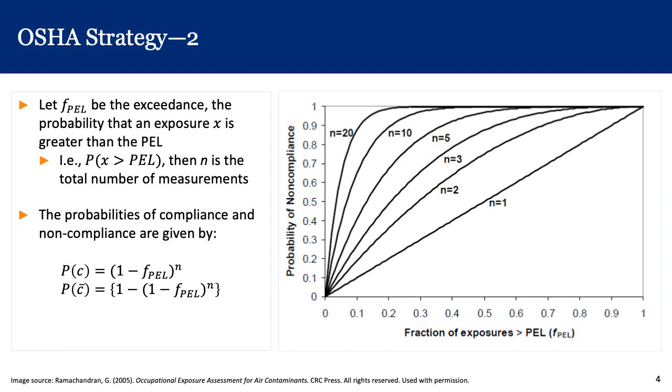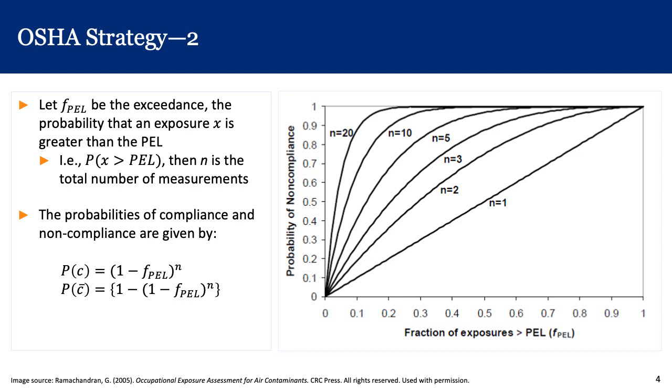So you can see that if you were an employer, if you were the owner of a business, and you just wanted to show that you were in OSHA compliance, then there is really no incentive for you to make multiple measurements. You are better off taking just one measurement and saying, okay, I have a 20% probability of getting an OSHA citation, an OSHA ticket.